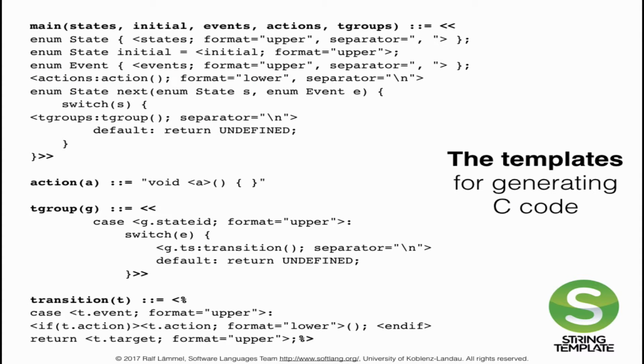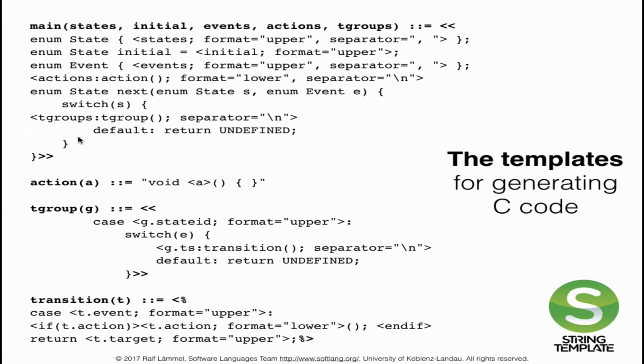So here's the complete definition of the templates in the running example. Let's not get lost in details too much here. You see, for example, we have the part that deals with the enum type for states, or here for events, or here we invoke the template action on the parameter actions to generate functions for the actions.